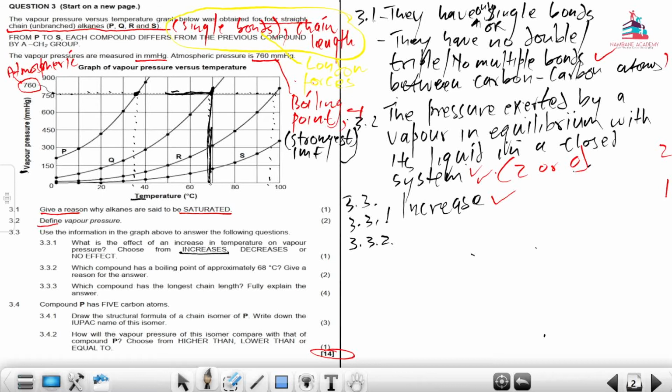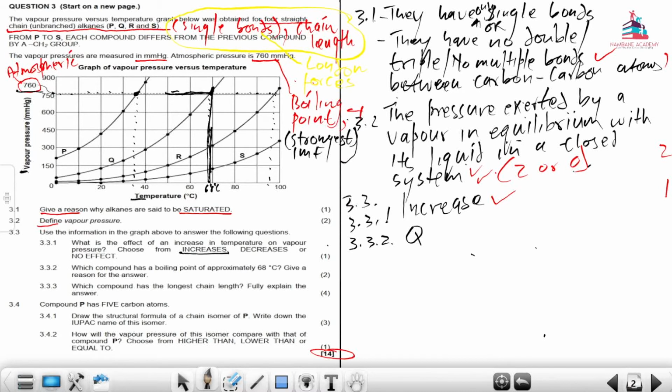So if we have 68 degrees Celsius here, remember we must look at where the intersection is between the temperature and the vapor pressure. That is now equal to the atmospheric pressure. That's the reason why the correct answer here should be Q.